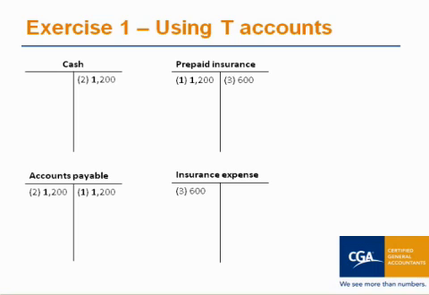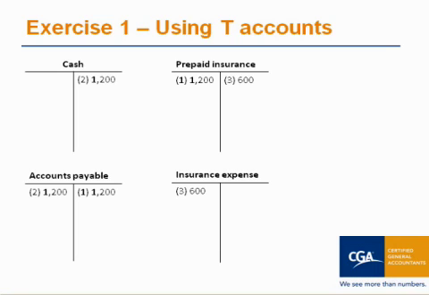You've received an invoice for business insurance, and you receive it on January 1st. The invoice covers the period from January 1st of the current year to December 31st of the following year. In other words, this insurance coverage covers a full 2 years.